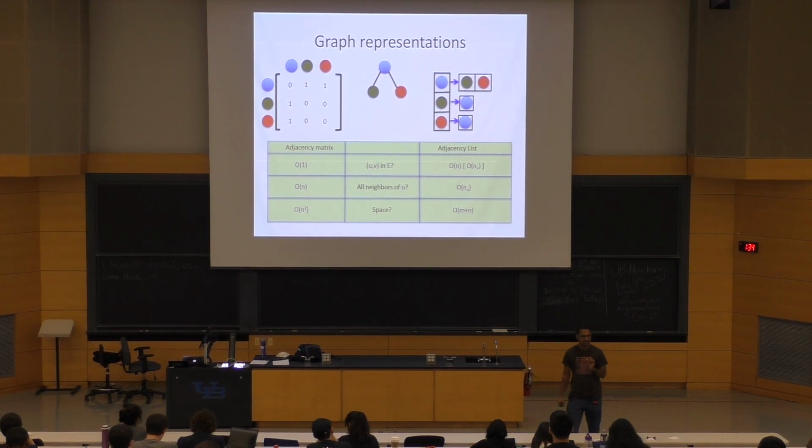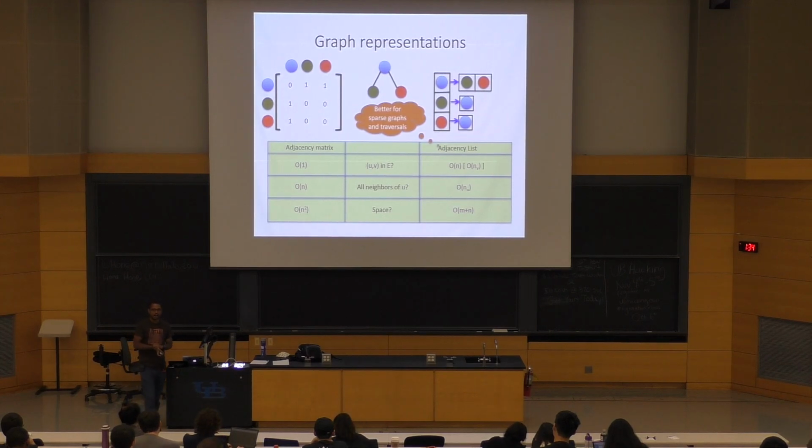But it turns out you can actually do something better, especially if your graph has very few edges. So if your graph is a tree, and so m is only n minus 1, then you can store everything in order n space. And more generally, you can store it in order m plus n space. Okay. And so we'll see why this is the case. And the fact that you can store each list in size order n of U is going to be important for this.